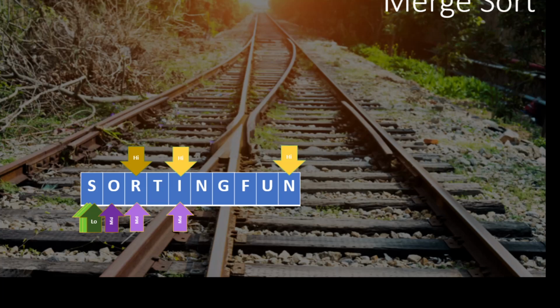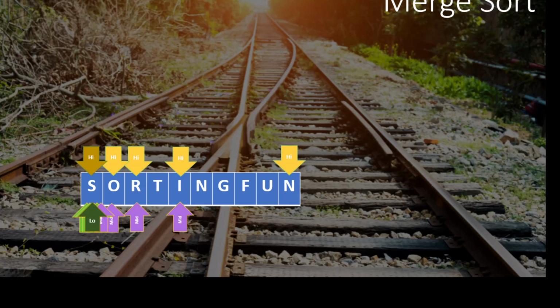So now the low is 0, the high is 2, the mid is 1. Let's keep dropping that by half essentially. One more time, the low and the high are now 0 and 1, and then the mid becomes 0, because 0 plus 1 divided by 2 is 0. So the mid's not very interesting anymore, but we do it one more time because the low and the high aren't equal to each other yet.